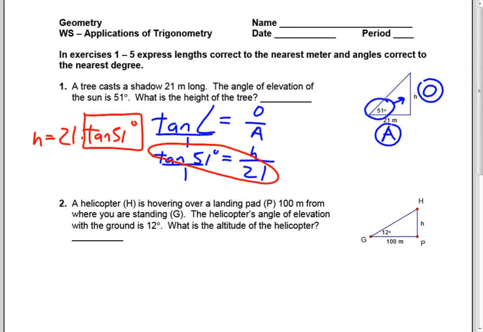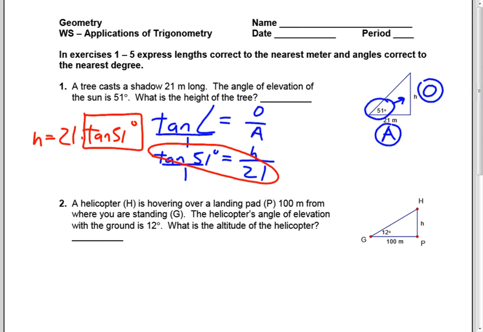Some of you are just churning through the procedures and not really thinking about what's in front of you. The calculator's doing this for you, but what did we say sine, cosine, and tangent are? They're funny names for what? Fractions. But what does the calculator deal with as a fraction?